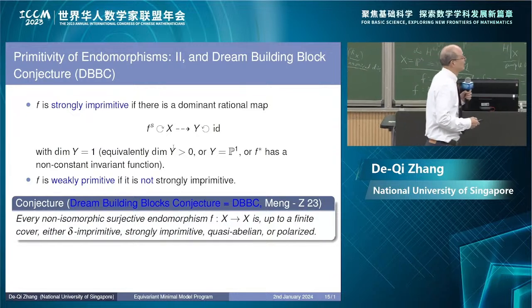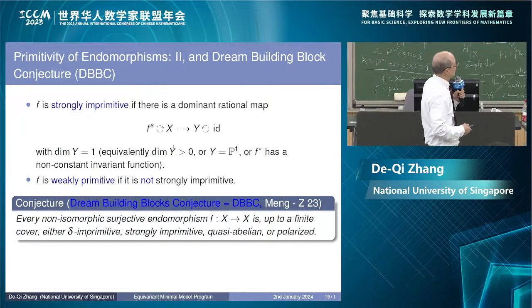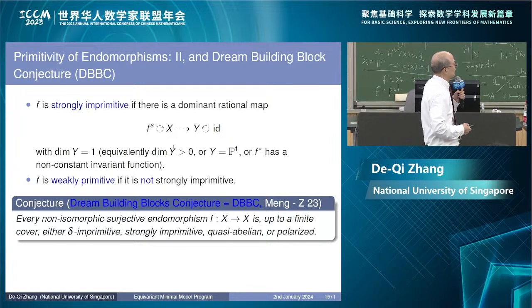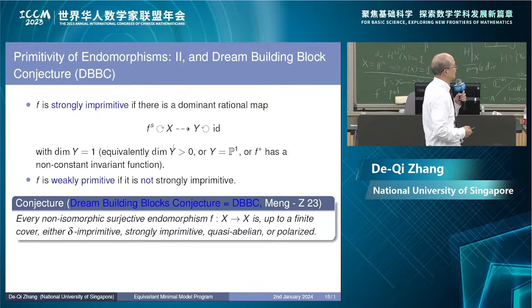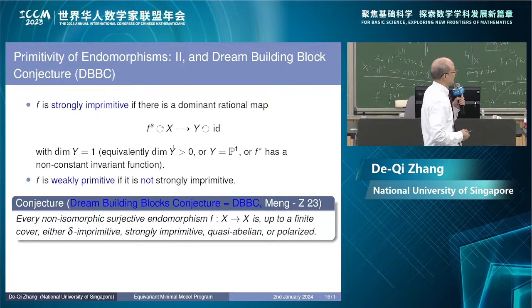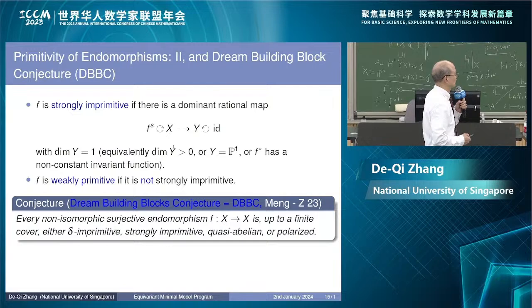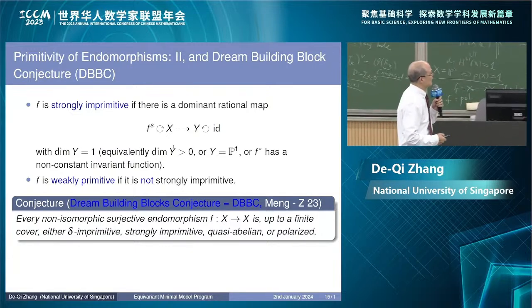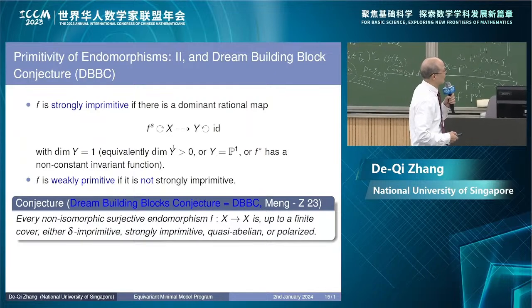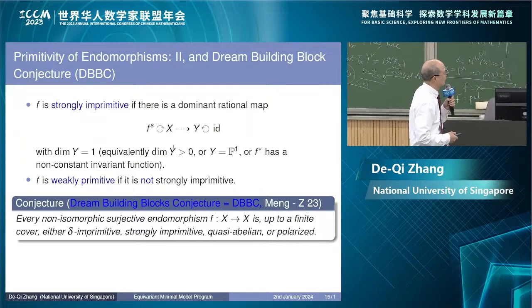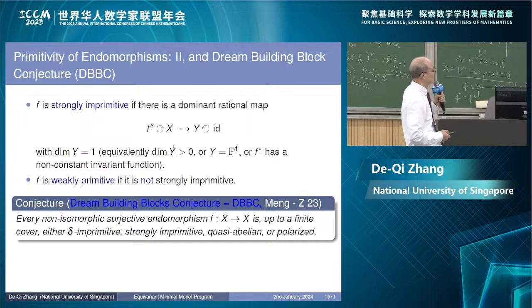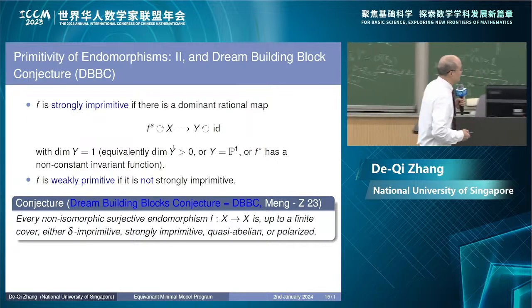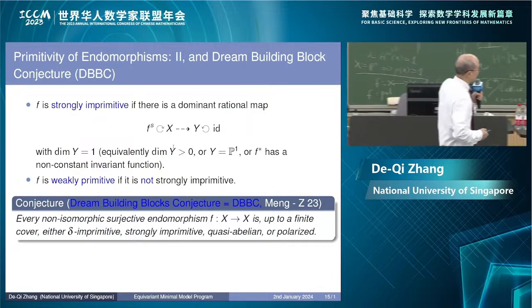Then you have strongly imprimitive, meaning that you can descend to a lower dimension one, and actually the action downstairs is almost trivial after iteration. So basically you are acting on the generic fiber, so it's still lower dimension. You can do reduction. Weakly primitive means that you may descend, but you cannot have the action trivial on the base even after iteration.